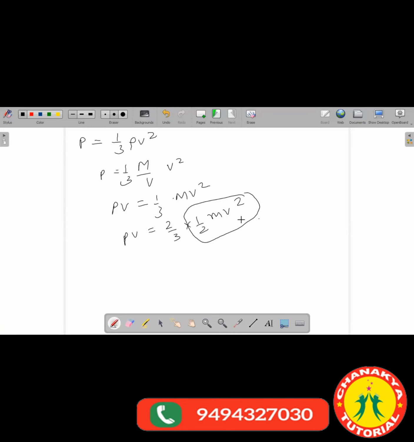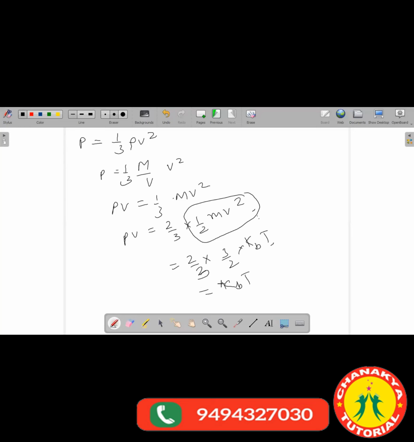This kinetic energy is a function of temperature. I can put it as 2 by 3 multiplied by 3 by 2 kBT. Remember, we had done that the kinetic energy is equal to 3 by 2 kBT. These all cancel, and you have here kBT.